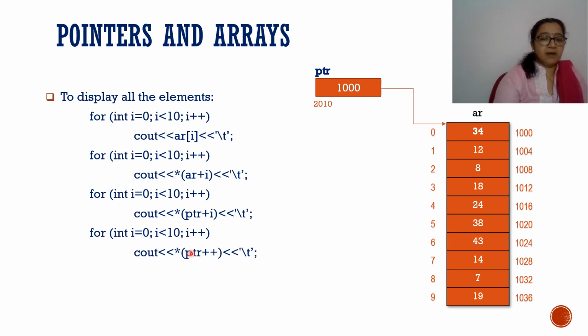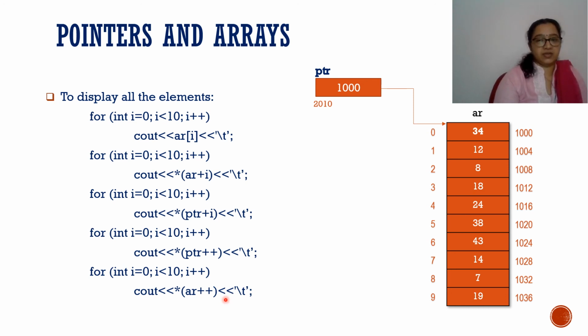So if PTR++ is there, is it possible to do AR++? Just see. int i = 0; i < 10; i++. See, cout, *AR++. AR++ means AR = AR + 1. Is it possible to change AR from 1000 to 1004? No, it is not possible, because through this example we get that an array is not a pointer variable.